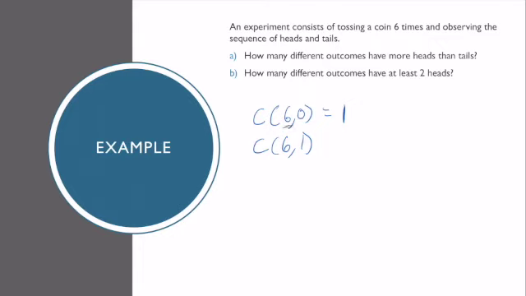There's only one way to choose no heads, that'd be all tails. And then 6 choose 1 is just going to be 6. So there are 7 ways to get less than 2 heads. So I'm going to take our entire sample size, which is 64, because that's 2 to the 6th, and I'm going to take 64 minus 6 minus 1, and that's going to give me 57.